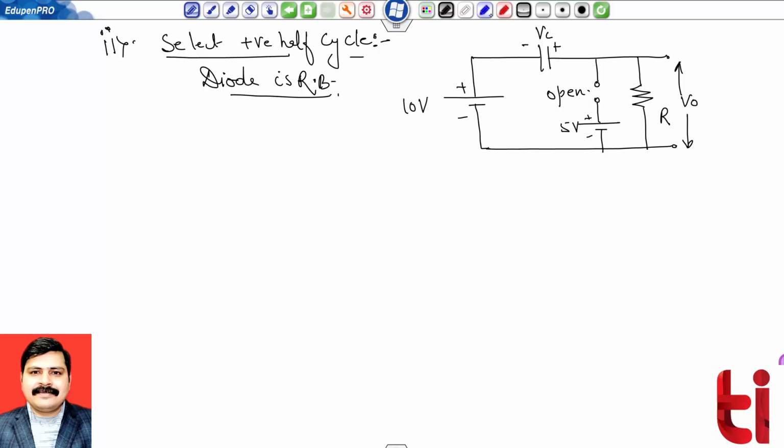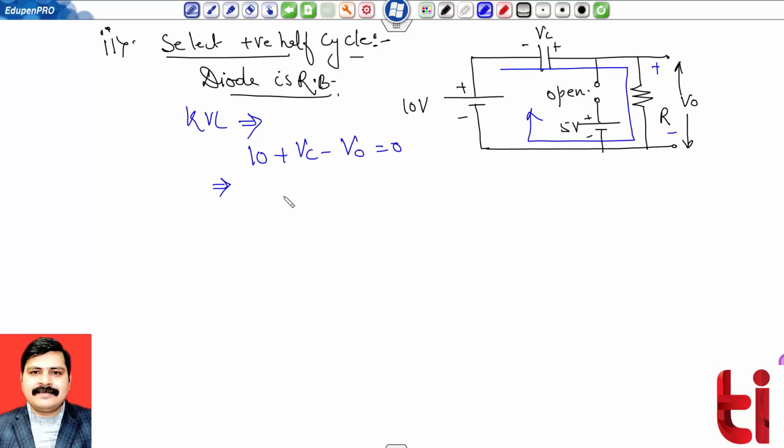So in order to find the output voltage, now apply KVL to this. So what KVL equation gives us? 10 plus Vc minus V0 equals to 0. So my V0 equals to 10 plus 25, that is equals to 35 volts.